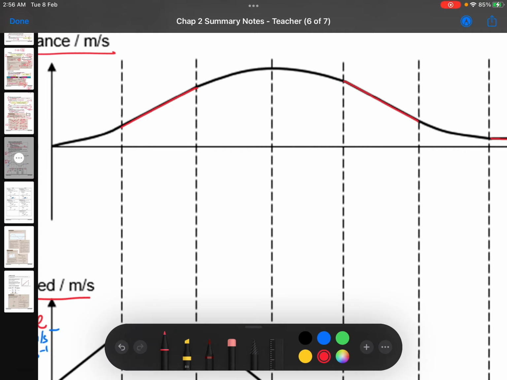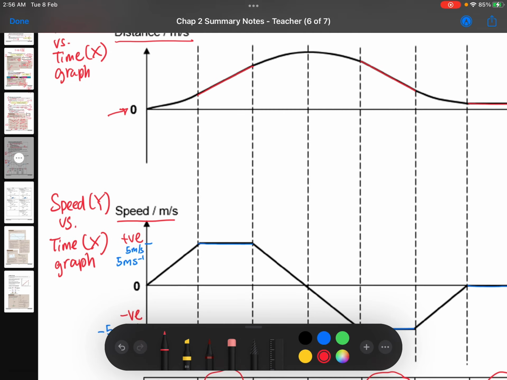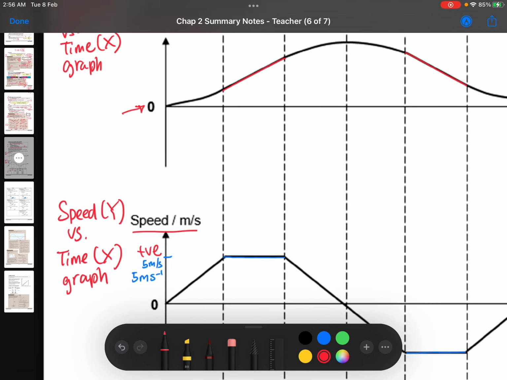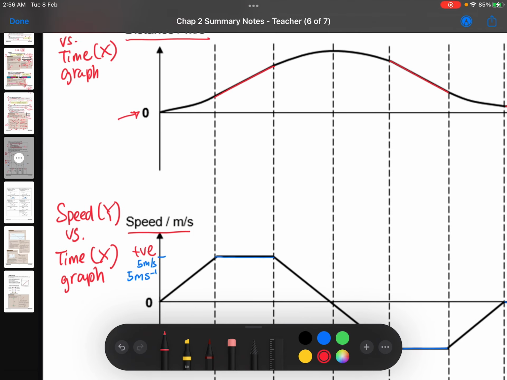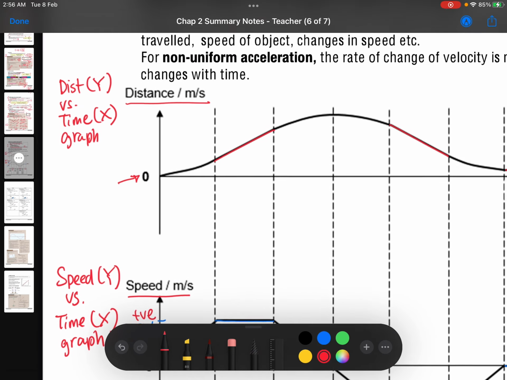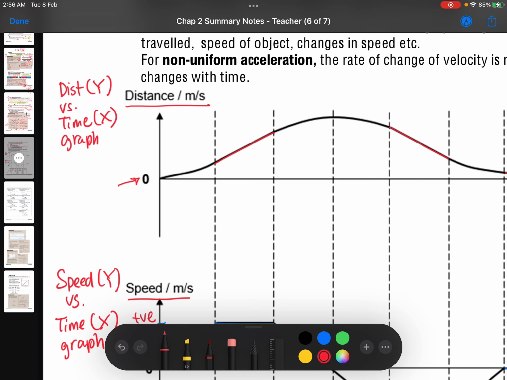Now when you say distance decreases, that means you're actually moving. In the first case, the speed is in the positive direction. So maybe at this moment you're 2 meters away, then at this moment you're 4 meters away, then at this moment you're 6.